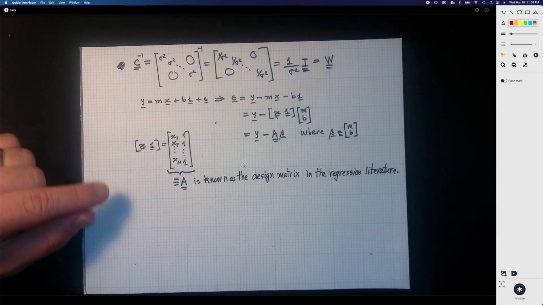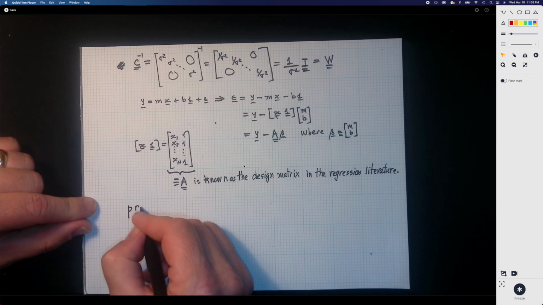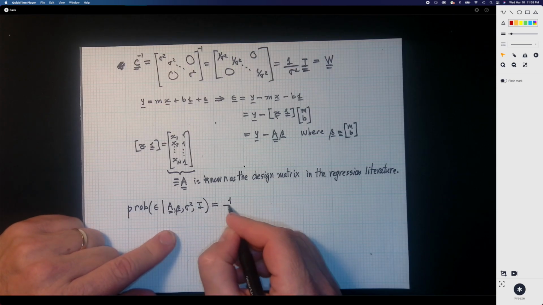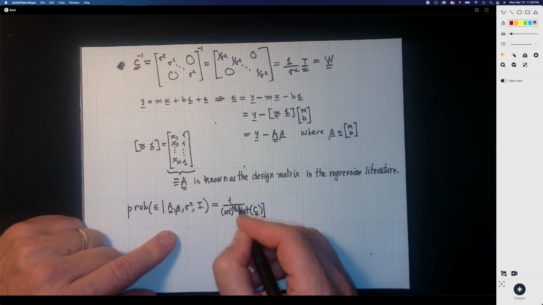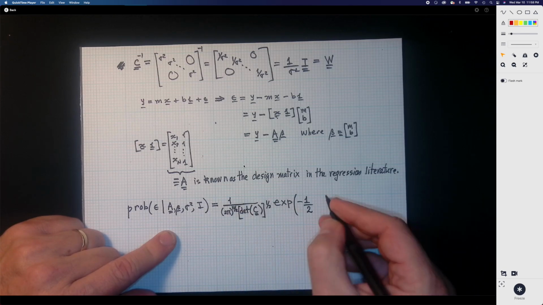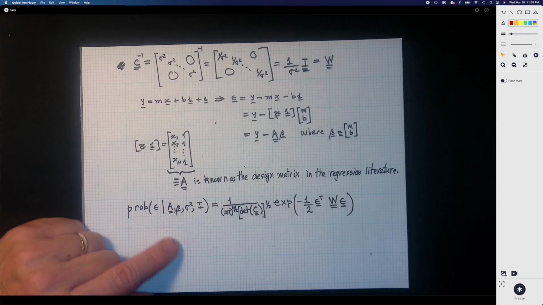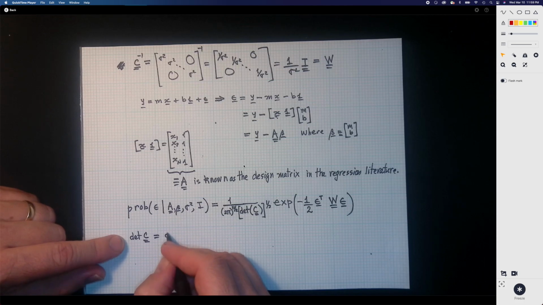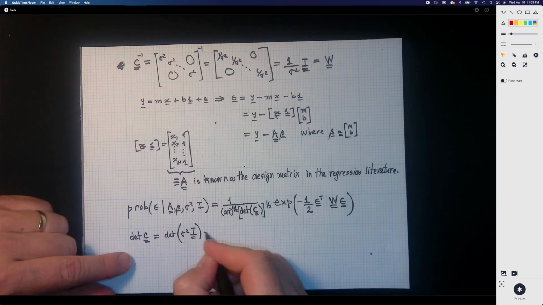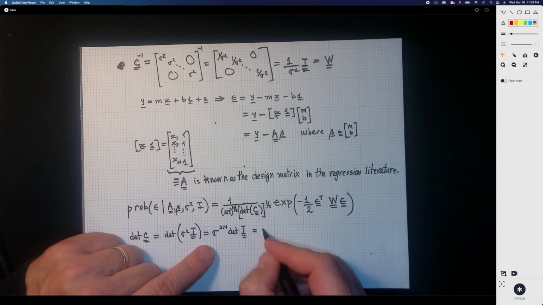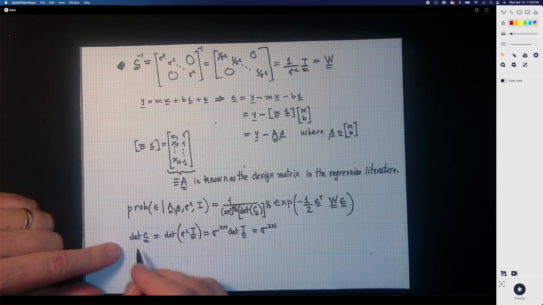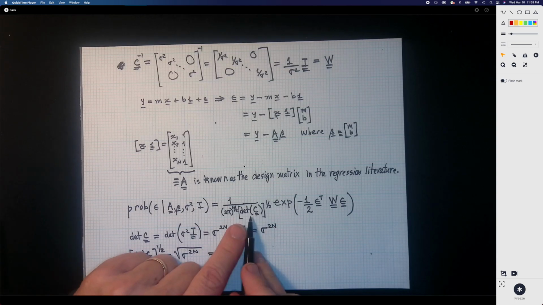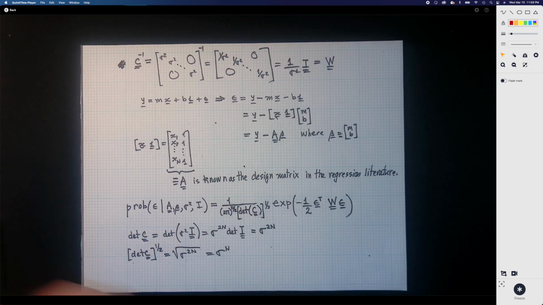So to fill out the probability for y, I can write down the probability for epsilon. And I should evaluate what this determinant of C is, and so the square root of the determinant of C. So we just get the factor of sigma to the n, which we expected from our previous expression.